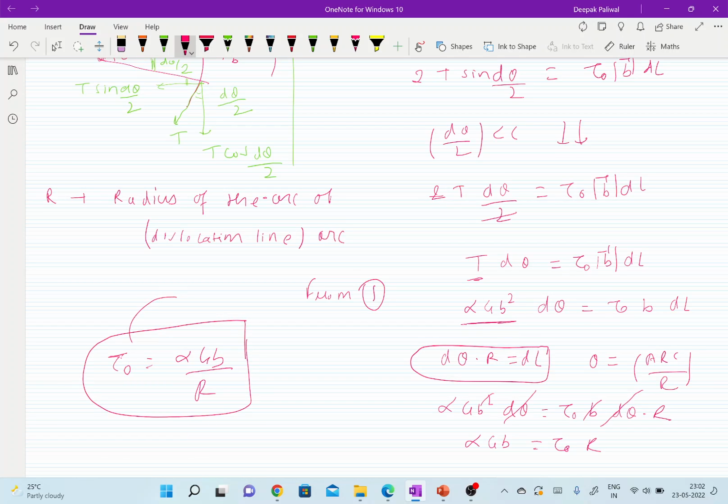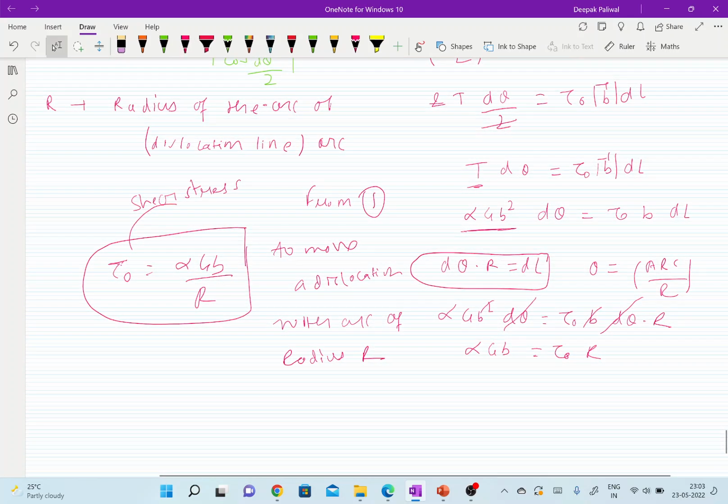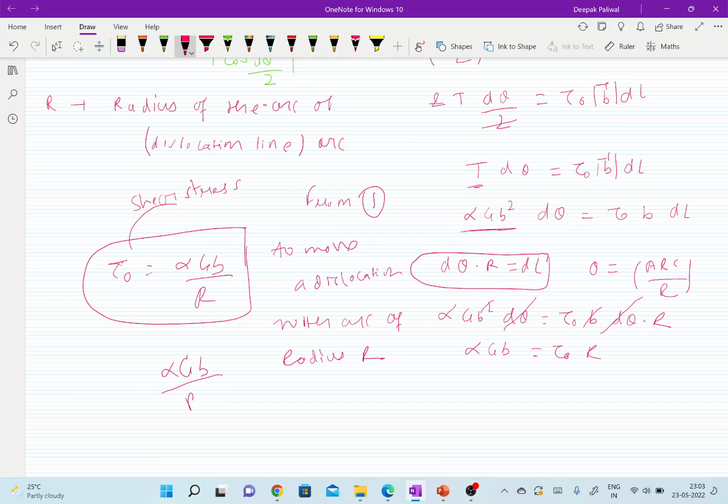So the shear stress to move a dislocation with an arc of radius r is alpha G b by r.